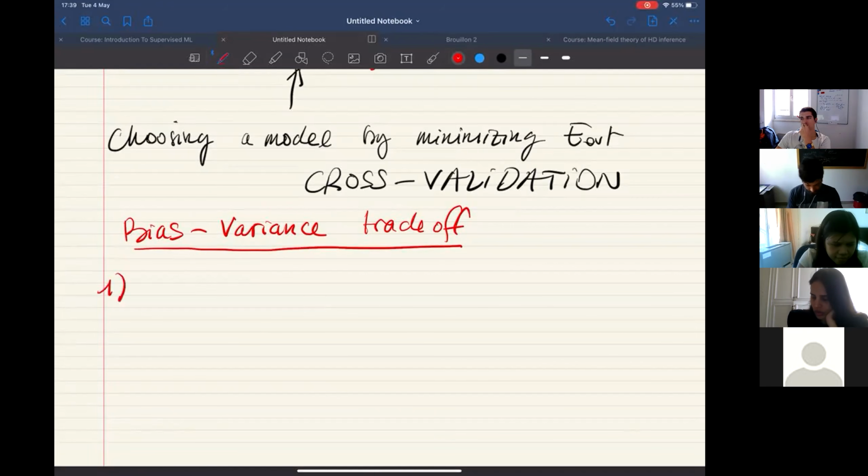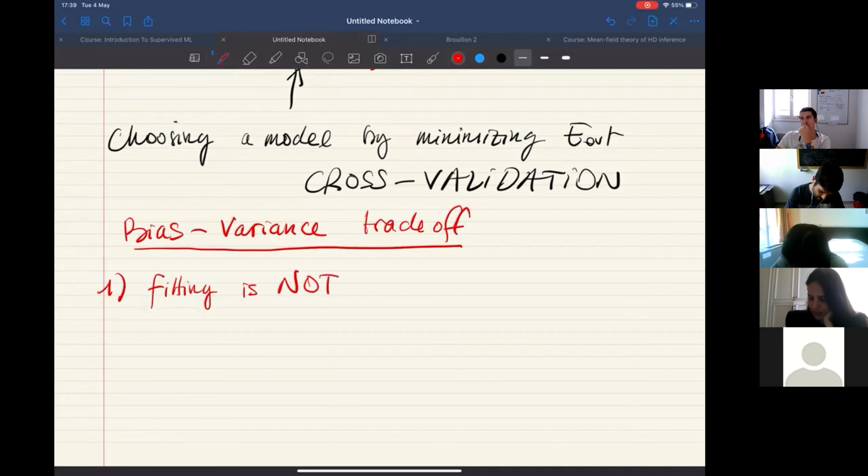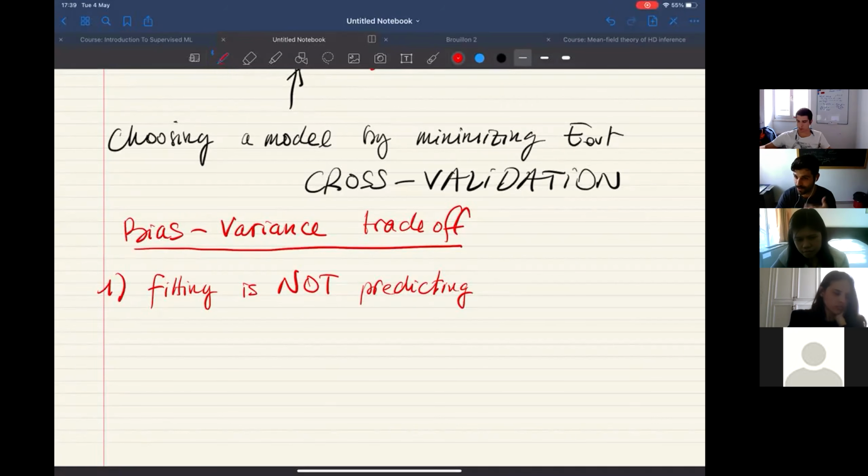One, fitting is not predicting. Concretely, what does it mean? It's not because you are properly fitting the training data that you will be able to properly generalize, properly predict on new unseen data.